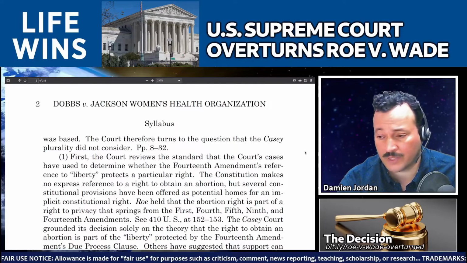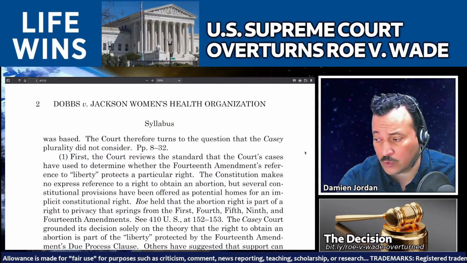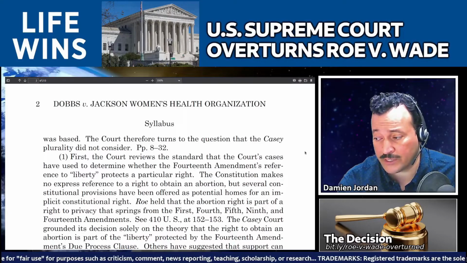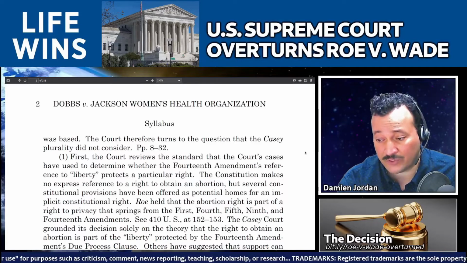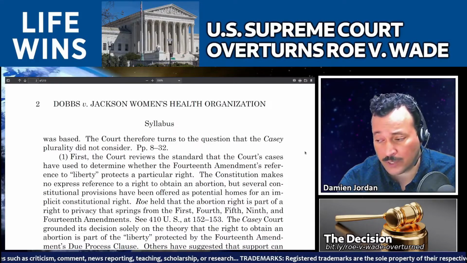Number 1. First, the court reviews the standard that the court's cases have used to determine whether the 14th Amendment's reference to liberty protects a particular right.